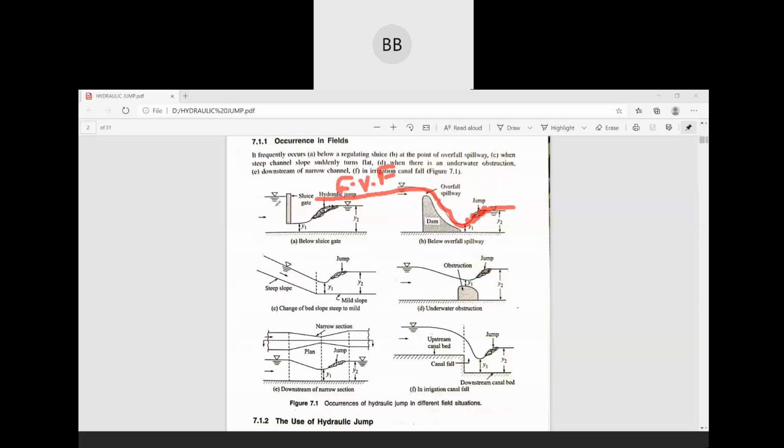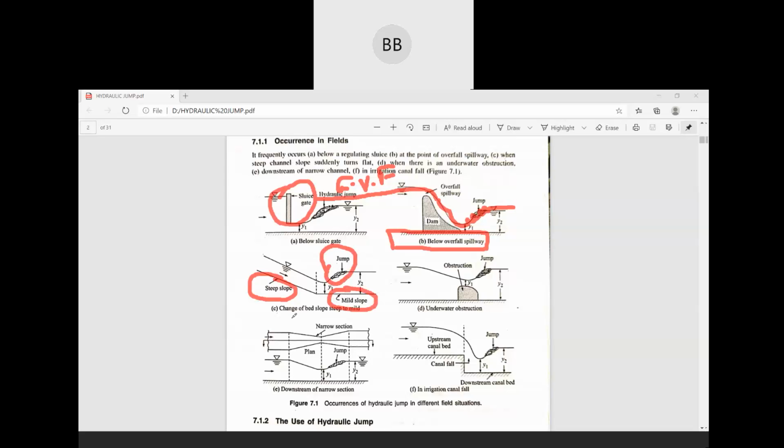These are some field conditions where you can find a hydraulic jump. One is when you use a sluice gate. Another one, which is very common, is a dam. When you construct a dam or any obstruction, you can see this hydraulic jump at the downstream end. Then suppose the channel slope is steep, and after some length it changes to mild, then a jump occurs.